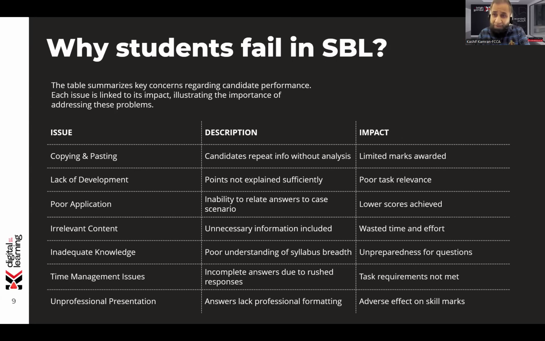Lack of development. You're not developing the point well. You're not explaining the point well. There is no definition of a well-developed point in SBL, but I normally tell my students that to develop a point well, you should have at least 3 to 4 sentences. One sentence is not a well-developed point. Two sentences is not a well-developed point.